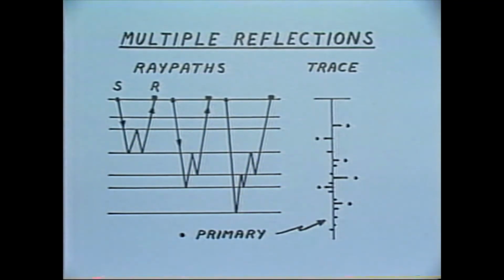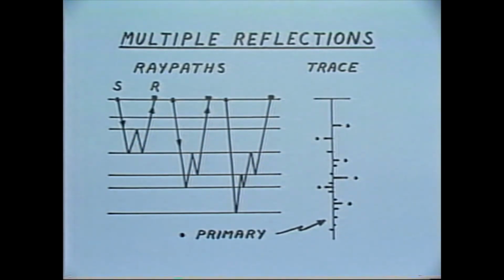And this is because each time the energy is reflected from an interface, its amplitude decreases to some extent, to quite a large extent in fact. So that the more times the energy is reflected, the more its amplitude decreases.